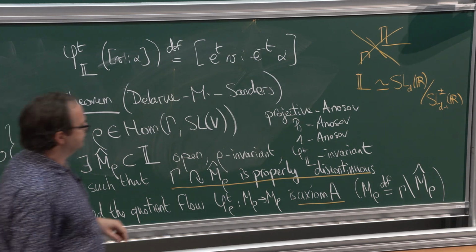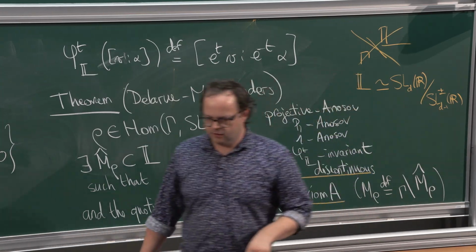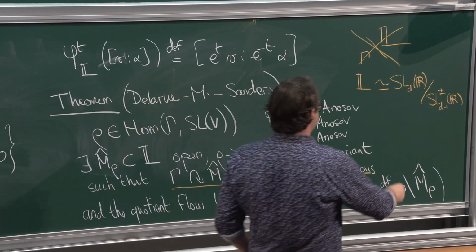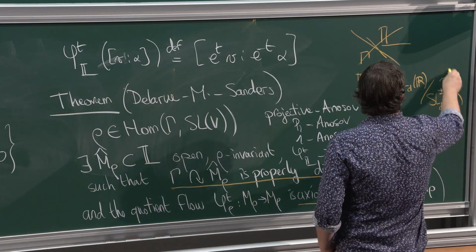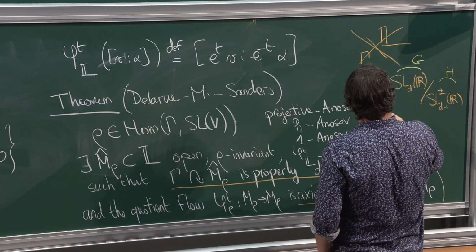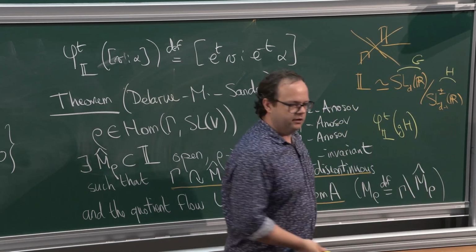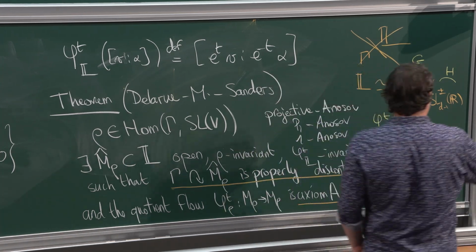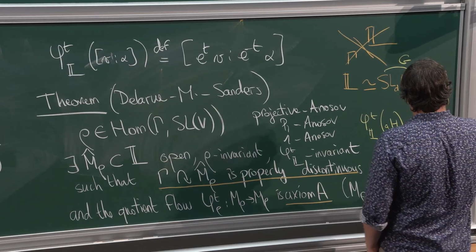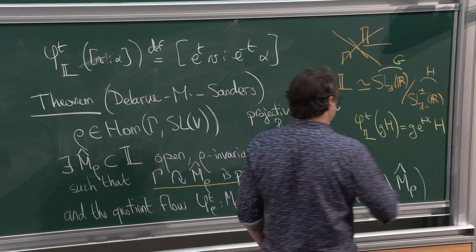It's just multiplying, you're taking quotients from the right action, and here it's like phi t L. If you call this group H, this one G, phi t L of some GH will be multiplying G on the right by exponential tX, and your X will be a diagonal matrix, right?